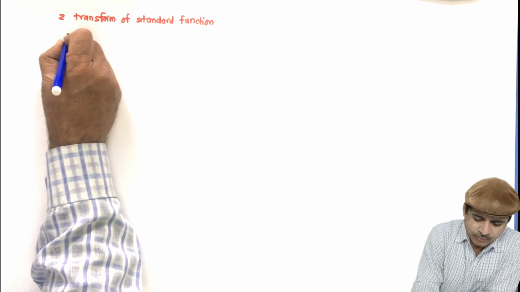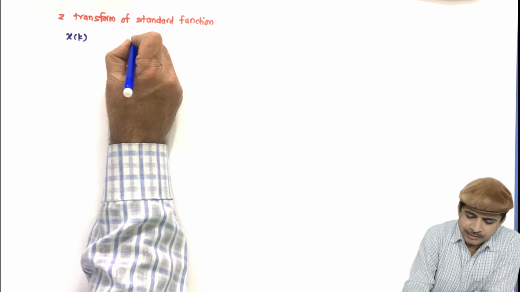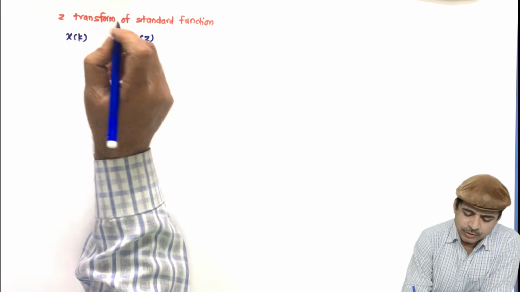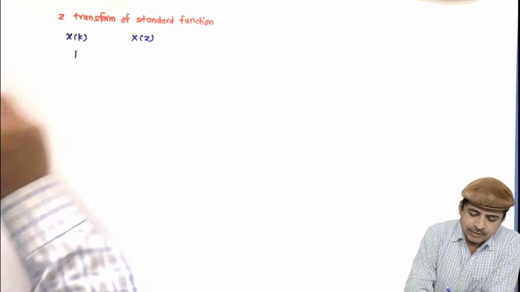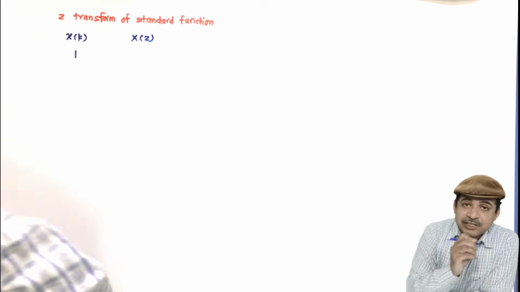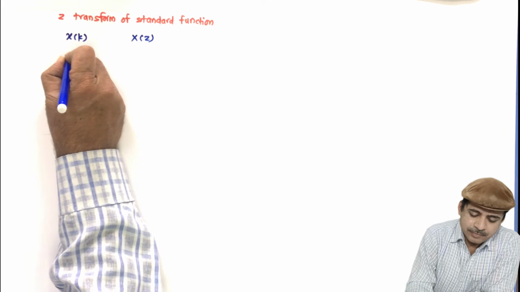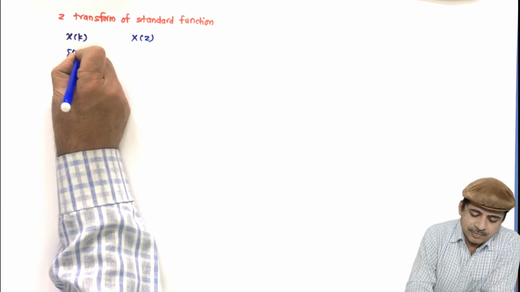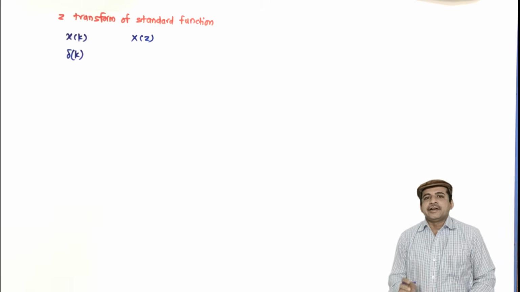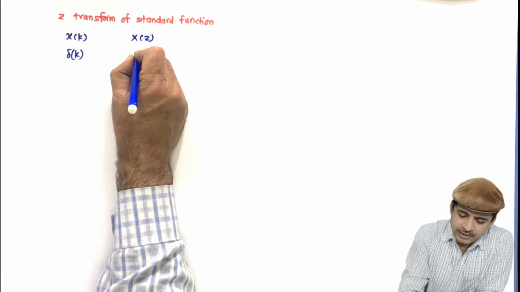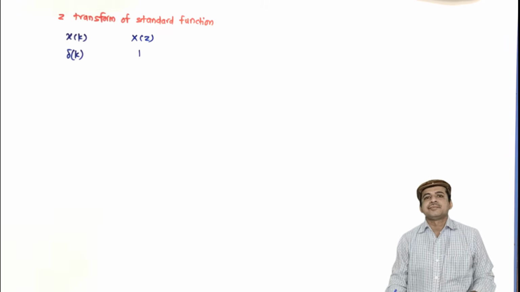So if you have some x of k and then it has some X of z. Let us start with the impulse signal delta k. For delta k, X of z is 1.